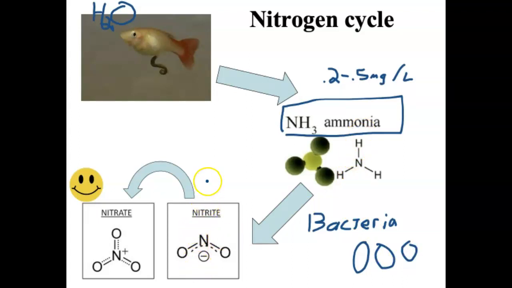Now, nitrite is toxic to fish if you have 5 milligrams per liter. So you can have a lot more nitrite in your tank before your fish will suffer compared to ammonia. So if you have a healthy population of these coccus bacteria, you're going to break down the ammonia and turn it into nitrite.